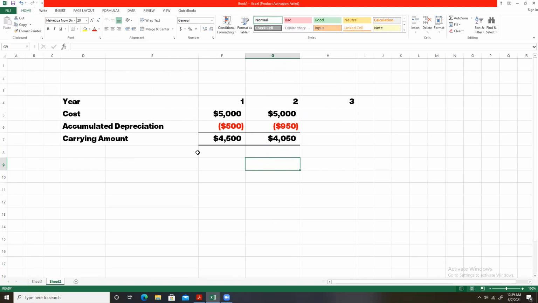The carrying amount of the non-current asset is $4,050 at the end of the second year.